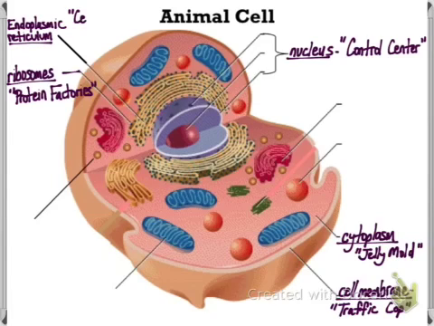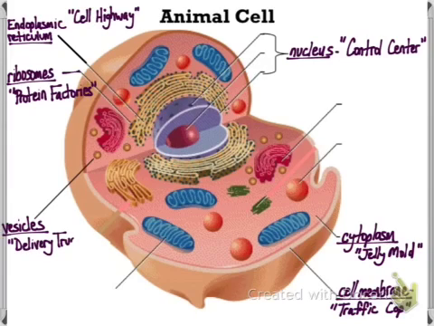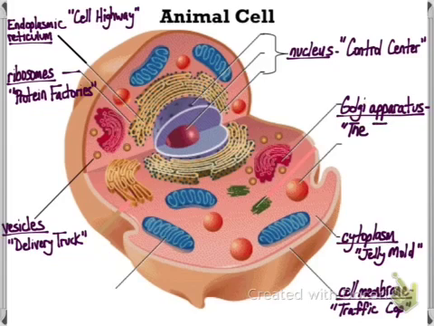We nickname the endoplasmic reticulum the cell highway because it's moving the proteins and other materials. Those proteins are eventually moved from the endoplasmic reticulum to the vesicles. The vesicles pick them up and deliver them from the endoplasmic reticulum, those yellow structures, to the Golgi apparatus, which in this picture are those pink folds. We're going to label the one on the right side, and there's our Golgi apparatus. This is the last part of our assembly line. The Golgi apparatus we call the finisher because it finishes processing and packaging those proteins and other materials.